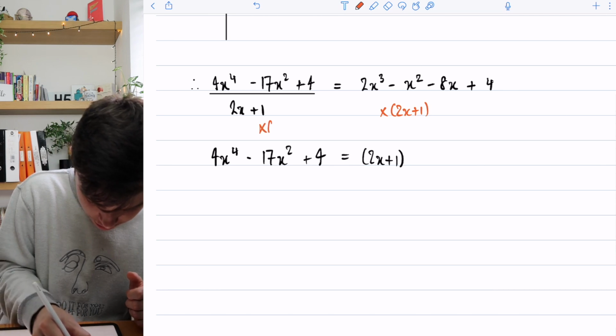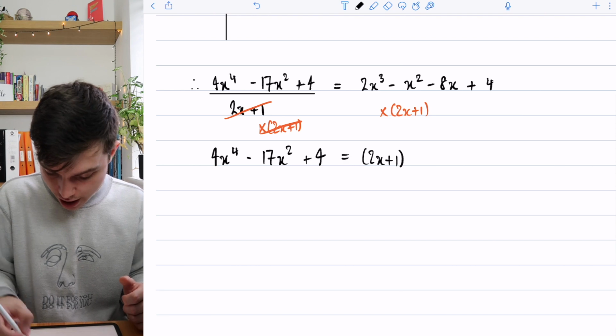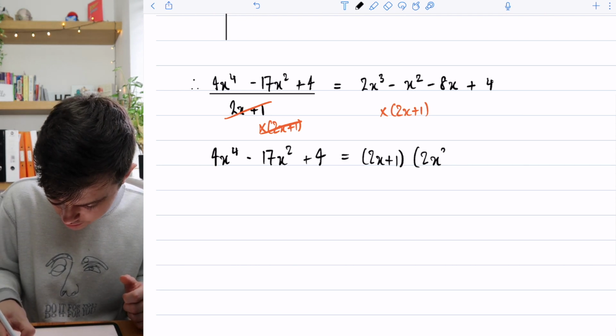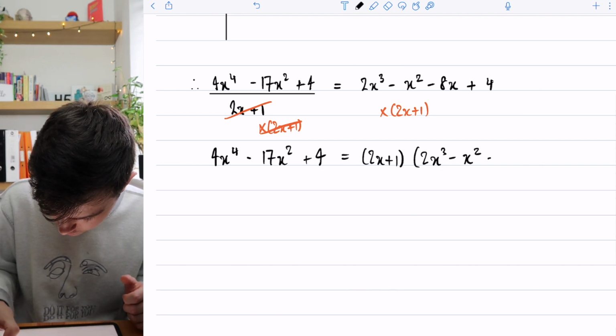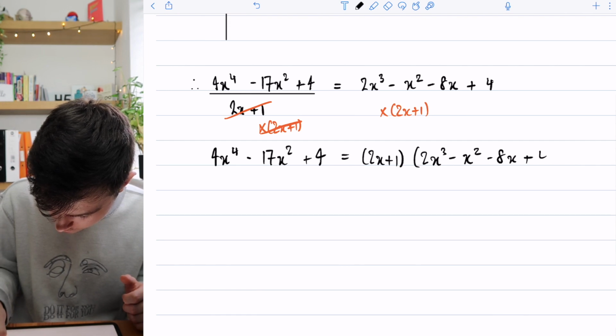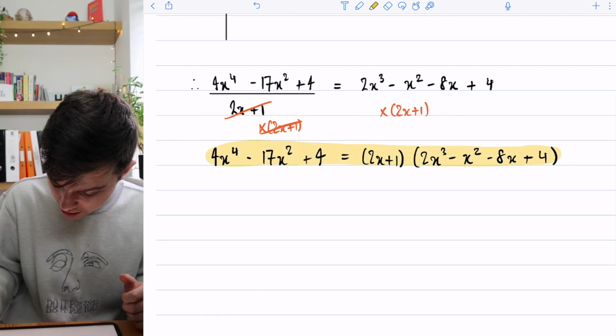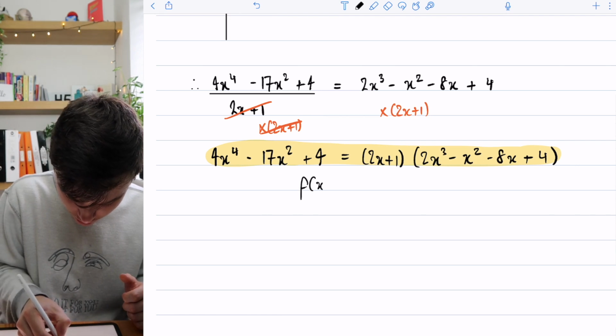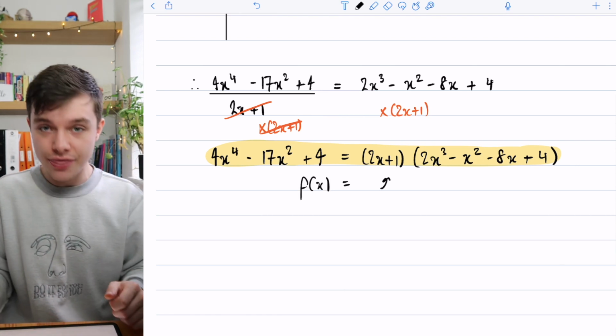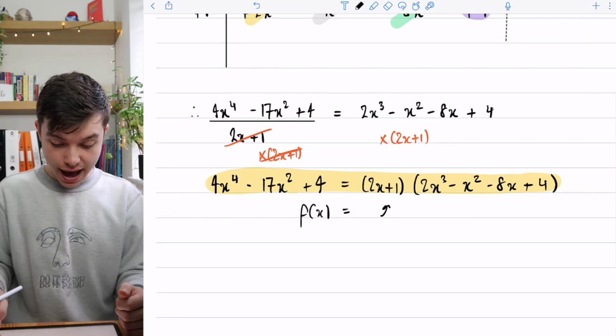We'll do that on both sides. That will cancel out there. And then we'll have the cubic that we've just worked out, which is exactly what we need. So then that is our final answer. Okay, we have f of x here is equal to that, and that's how we needed to give our answer.